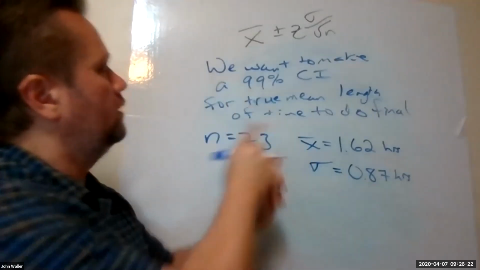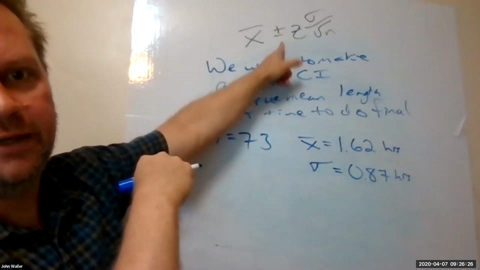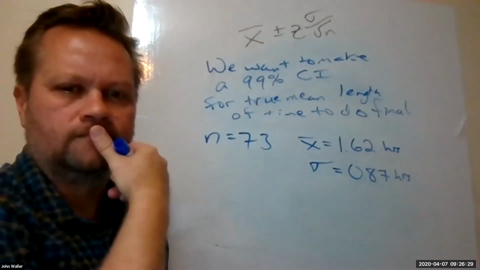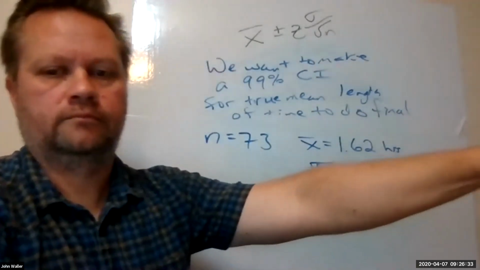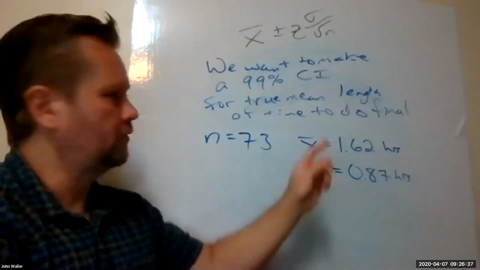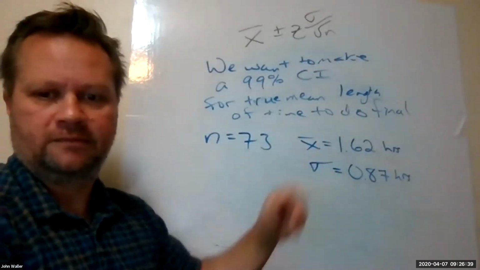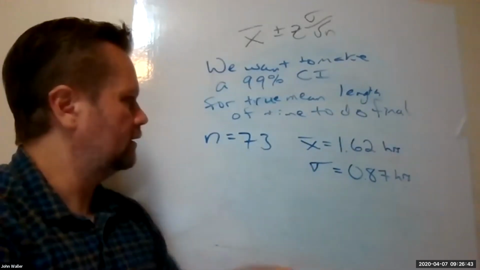So what's the only thing that I haven't told you that you need for this? Everything else we can just plug and chug. There's one thing I'm missing. No, I know the mean. Didn't I write the mean down? There it is, right there. I know the standard deviation. There it is, right there.